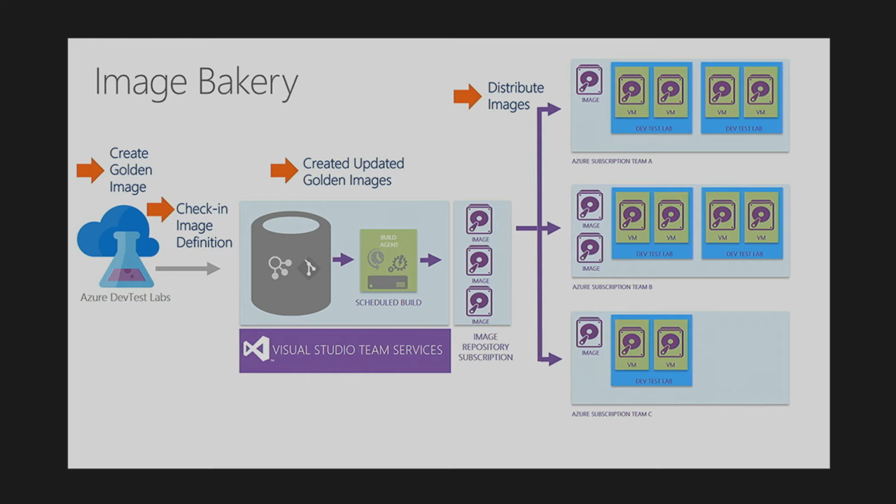And then in all the different labs, which are all in different subscriptions, we can have multiple labs in the same subscription, but we put the image there, and then from there, you could have your script pre-spin VMs, or just have them available for the user to click plus new VM, and they create their new VM based on the latest image. So it's basically the same process we do internally for our latest version of Visual Studio, scaled up into a much larger context.